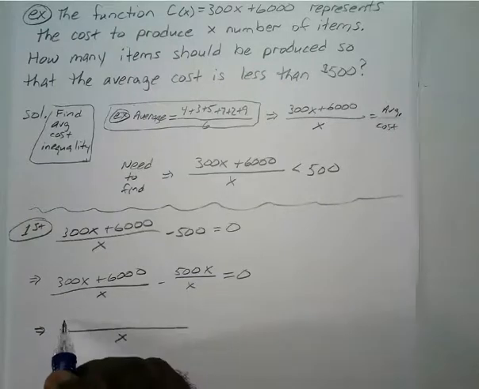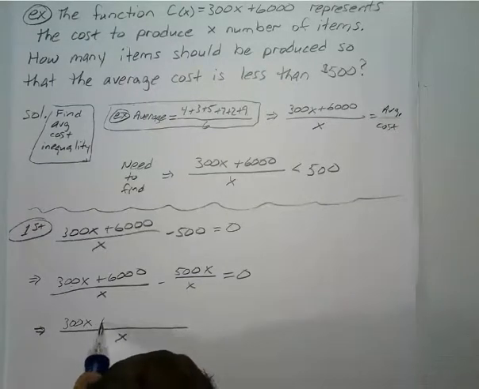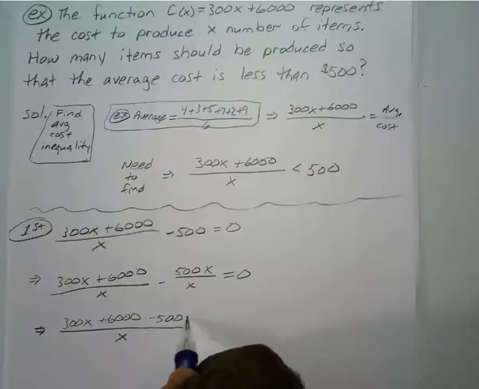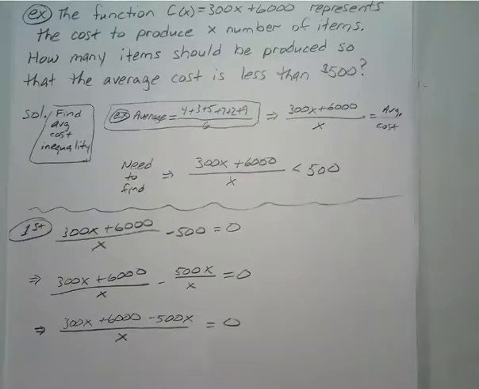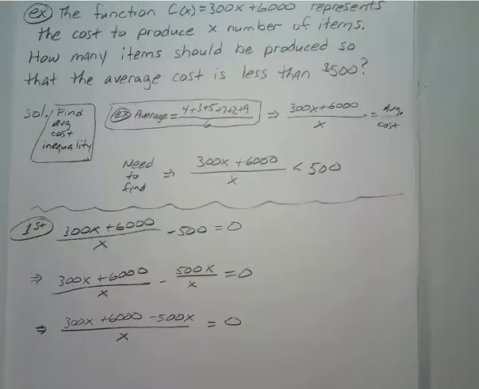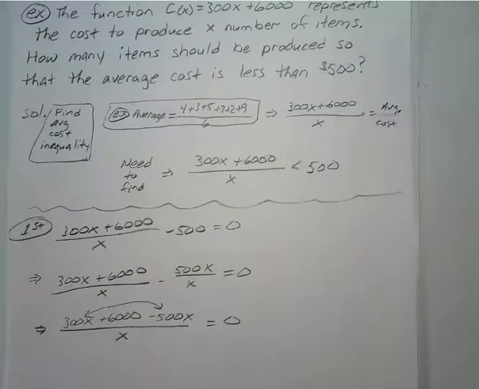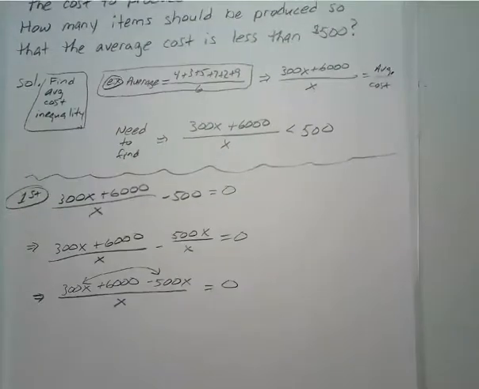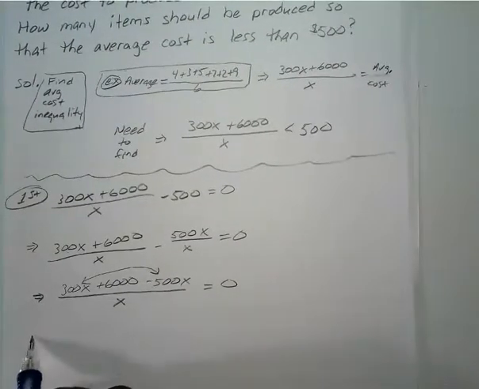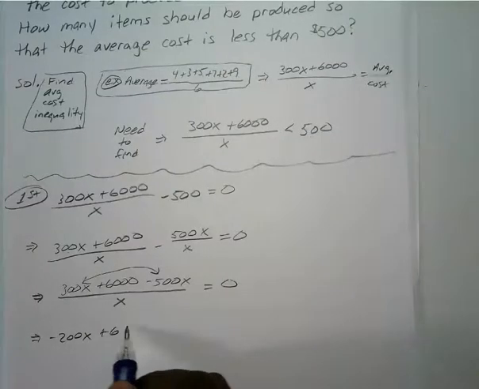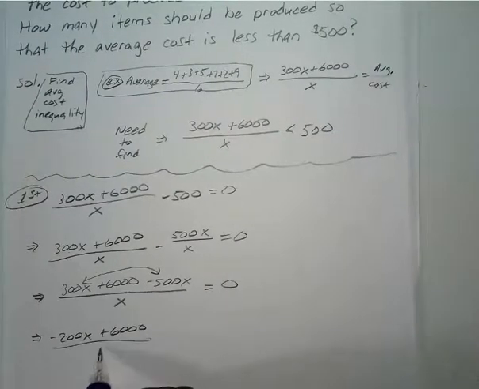So we can put them all over the same denominator. So you have 300x plus 6,000 minus 500x equals 0. We can go ahead and combine those two. 300x minus 500x is negative 200x, plus 6,000 divided by x equals 0.